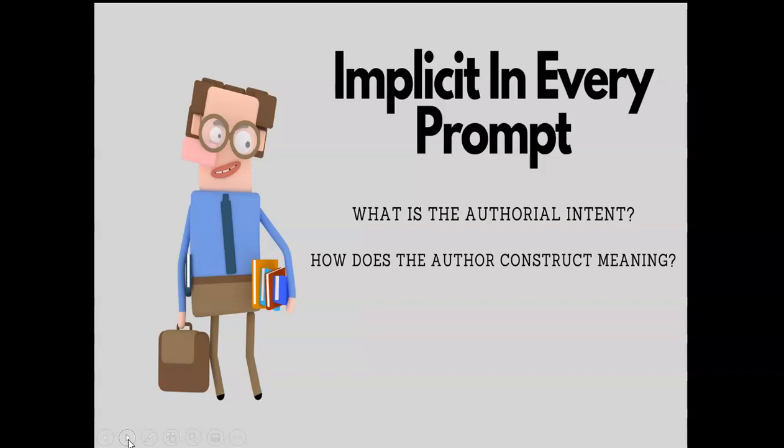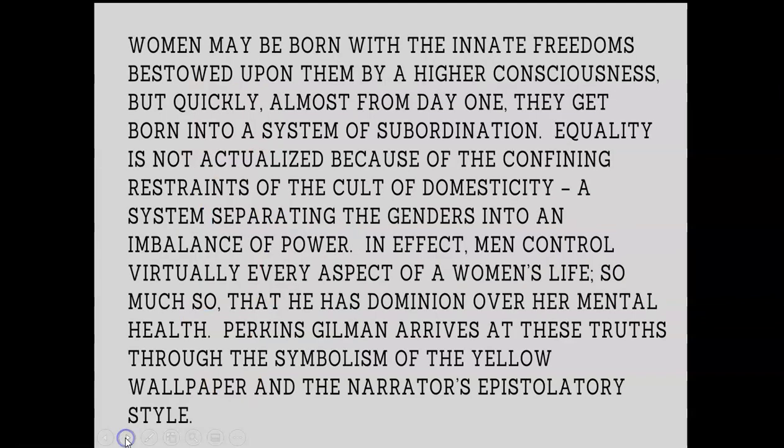What is the authorial intent, and how does the author construct meaning? If the student is able to provide answers to both of those questions, they're going to come up with a pretty solid thesis statement that unquestionably is going to meet the demand of the assignment, which is to perform literary analysis. So let's keep those 2 questions in mind.